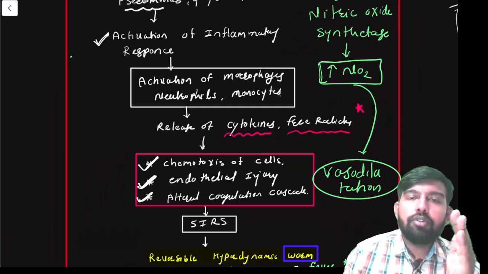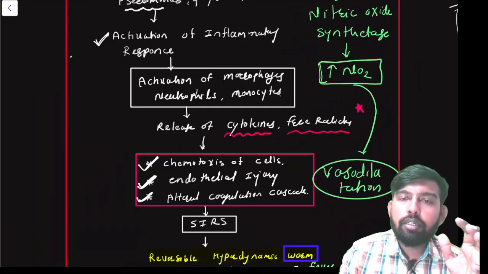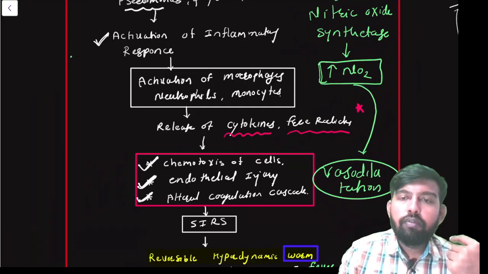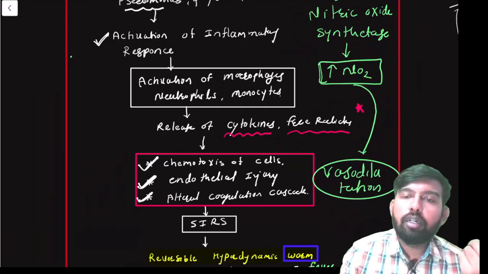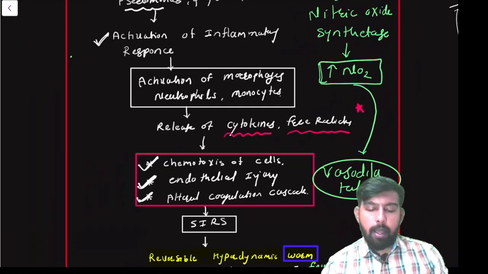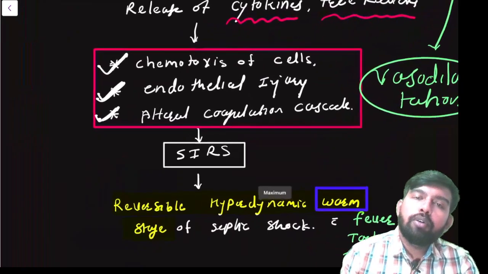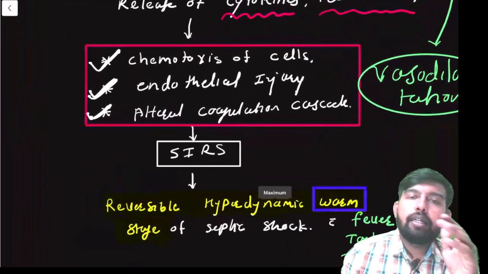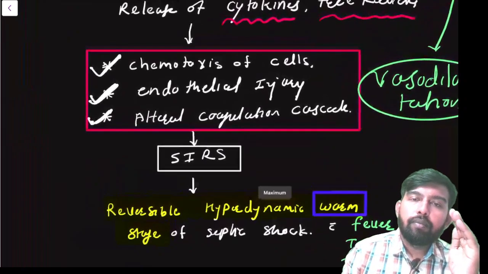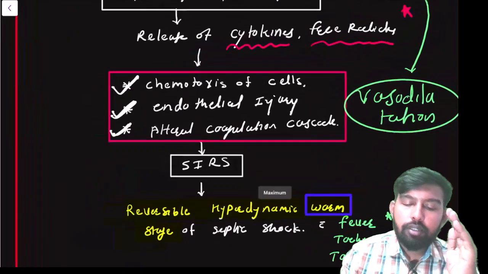The endothelial injury will lead to endothelial gap junction formation, which causes loss of intravascular fluid into the tissues, and this response, mediated by the cytokines and the free radicals, is termed systemic inflammatory response syndrome.